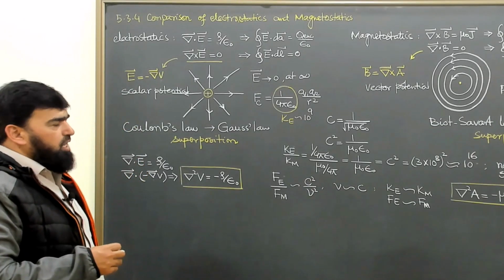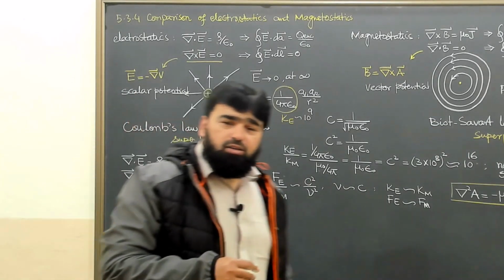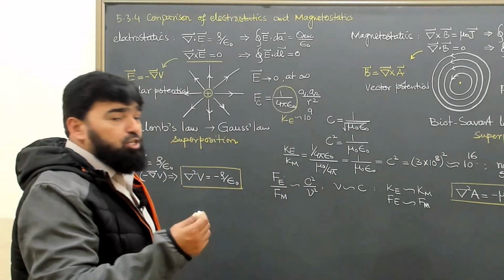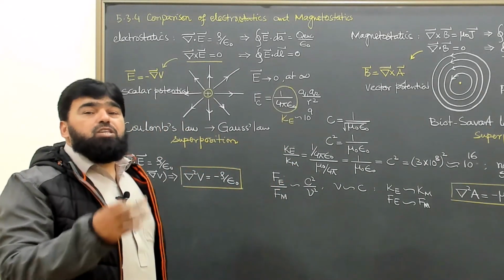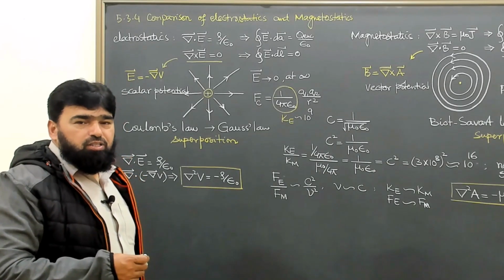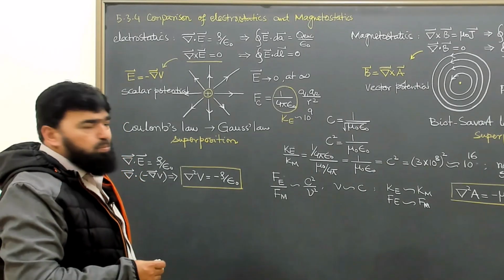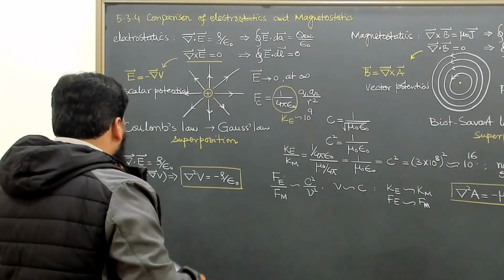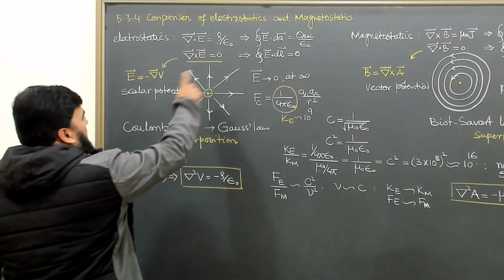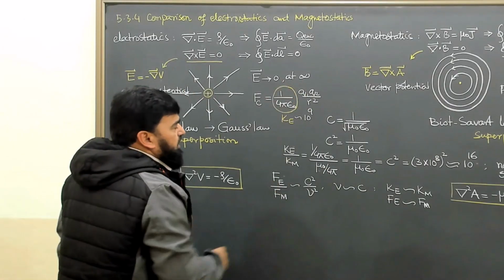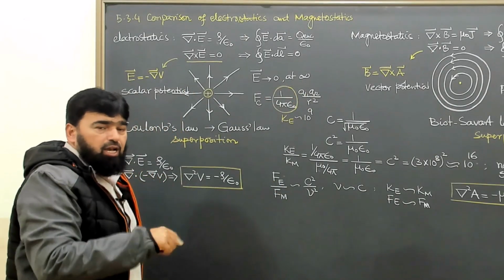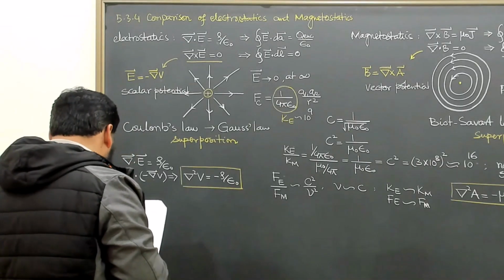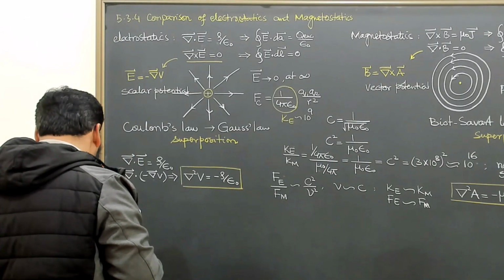But for the sake of this discussion, we are calling it magnetostatic, and its source is current, from the legacy of Ampere. Here the electric field lines start and end, while the magnetic field lines don't start and end, they are continuous.